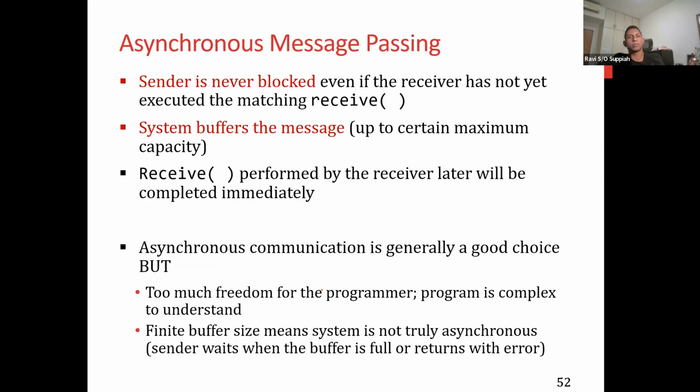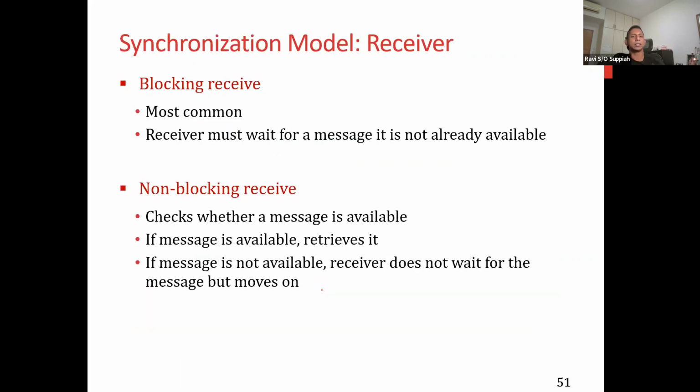So in terms of the blocking receive or non-blocking receive, what is the difference? In blocking receive, the receiver must wait for a message if it is not already available. Like what I showed you just now, this is A and this is B. If the receiver calls receive first, but there is no data yet, then B will be blocked until a point of time when A sends the data.